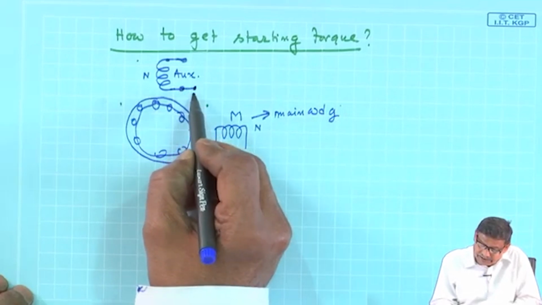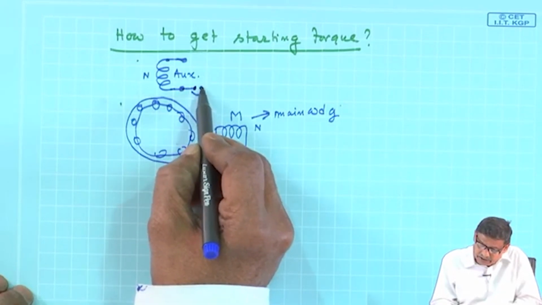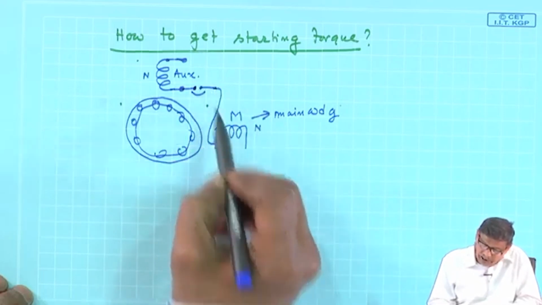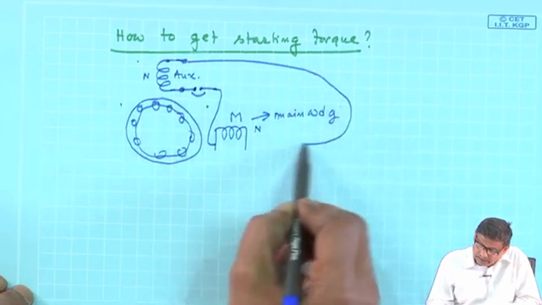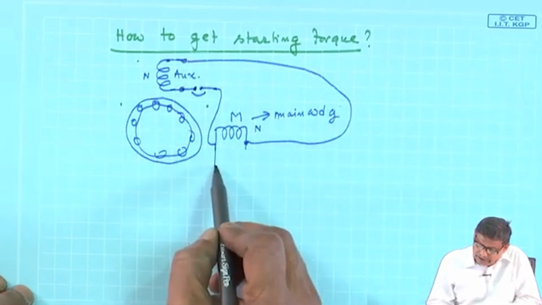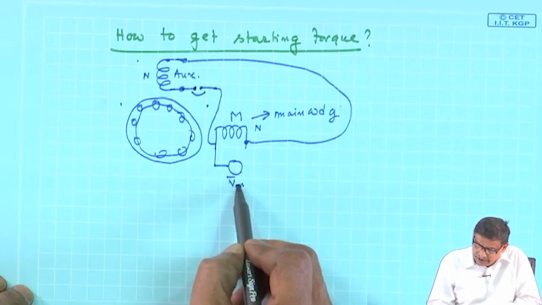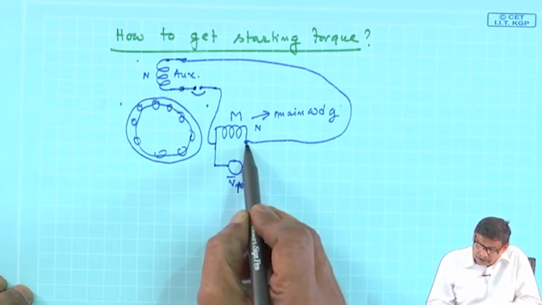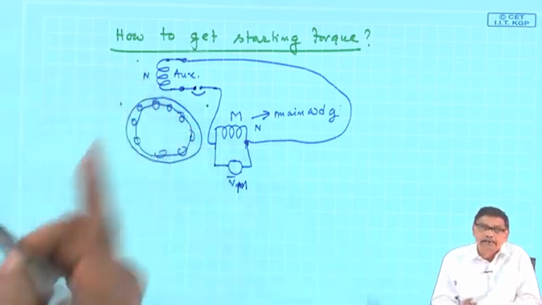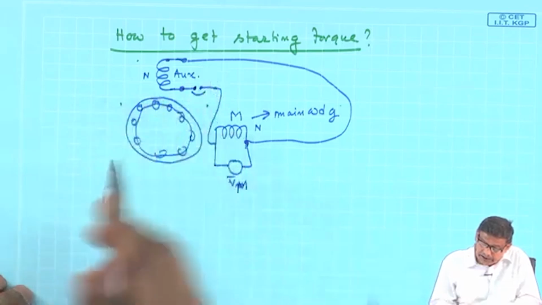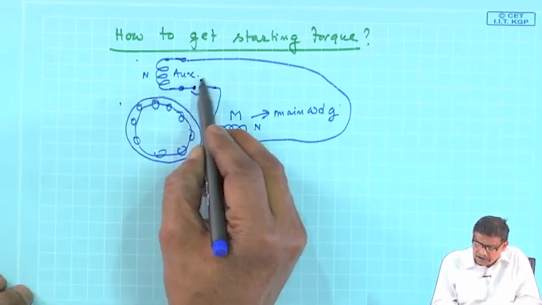What is done is this: there is a centrifugal switch, and these two windings are connected in parallel, and then a supply. I am telling the last thing first, this is how it will look like. This winding is now physically present in the machine, with a centrifugal switch.